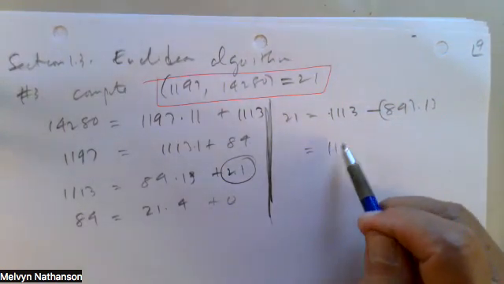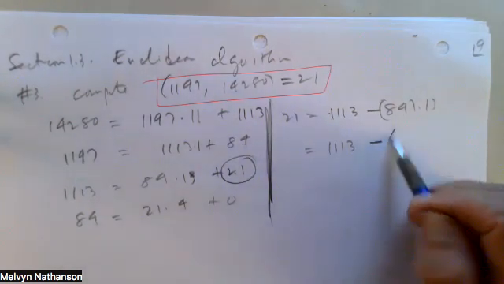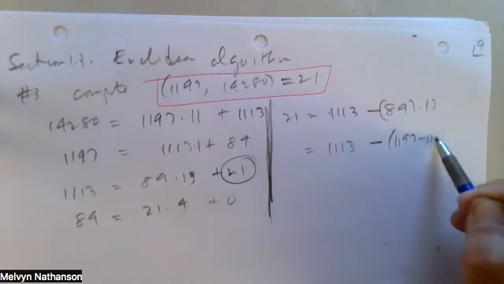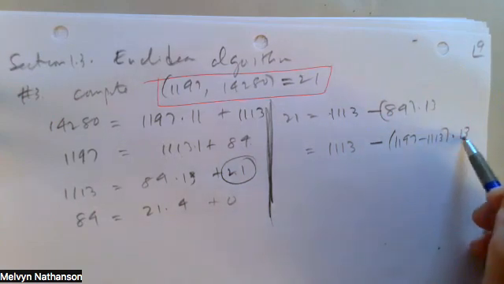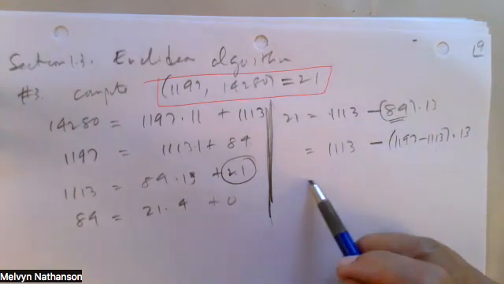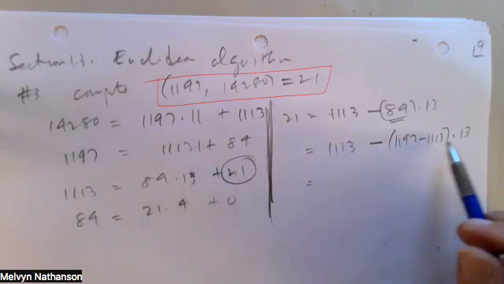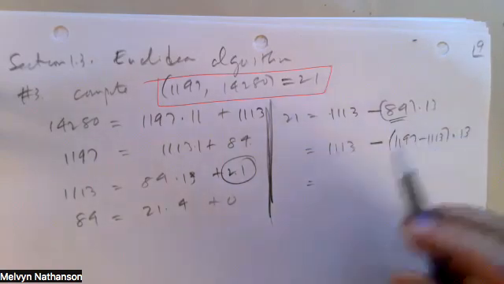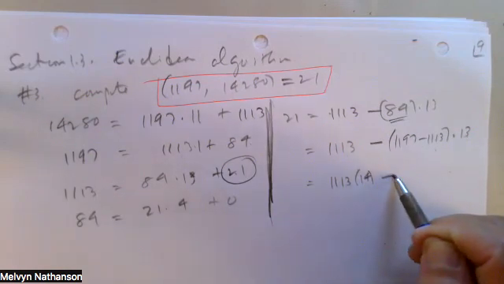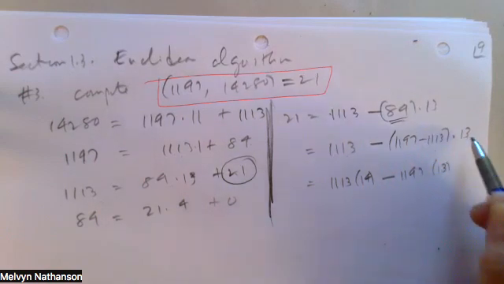And 84 is 1197 minus 1113 times 13. I'm just replacing 84 by this. And here what I have is 1113 plus 1113 times 13. That's 1113 times 14 minus 1197 times 13.